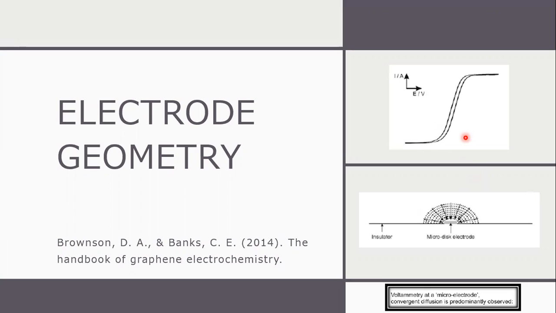biosensing or the design of biosensors, because it improves the IV response, and since the edges have this convergent diffusion process. In the case of a sensor, you are coating your electrode. In simple words, you're coating your electrode with the whole complex that helps you detect the analyte, or that makes it a sensor.